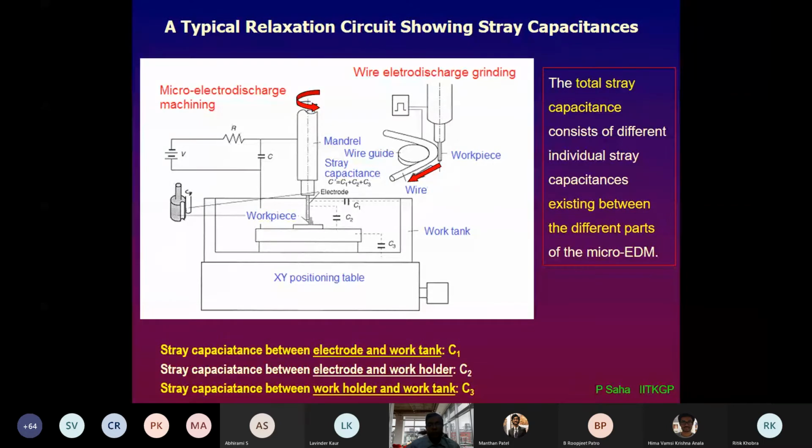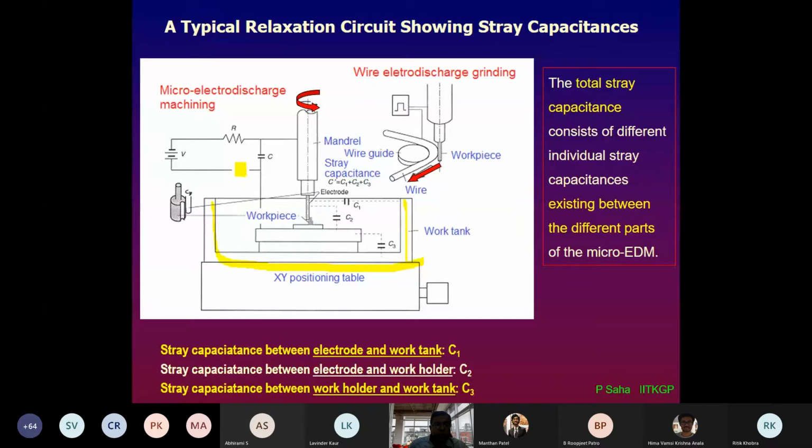So how do the stray capacitances come into micro EDM machines? Now here, say this is your work tank, and inside this is your workpiece. Bottom is the workpiece bench or holder. This is your workpiece, and this is your micro tool electrode like this.